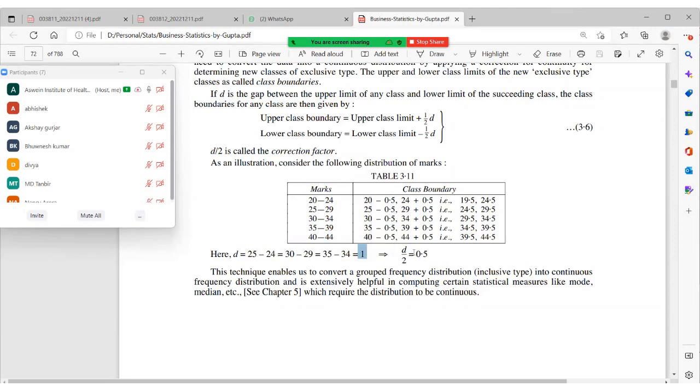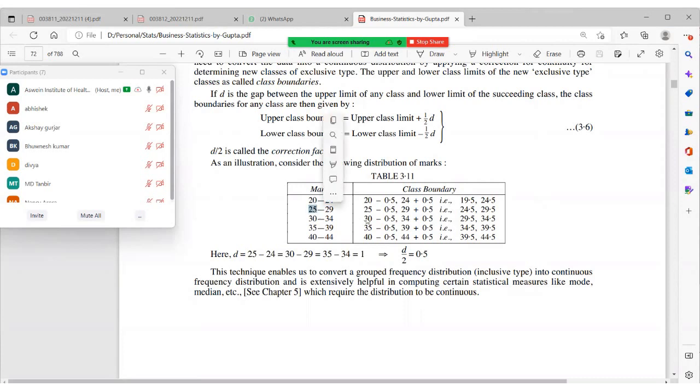So we take half of the difference, which is 0.5. We subtract 0.5 from the lower limit and add 0.5 to the upper limit.